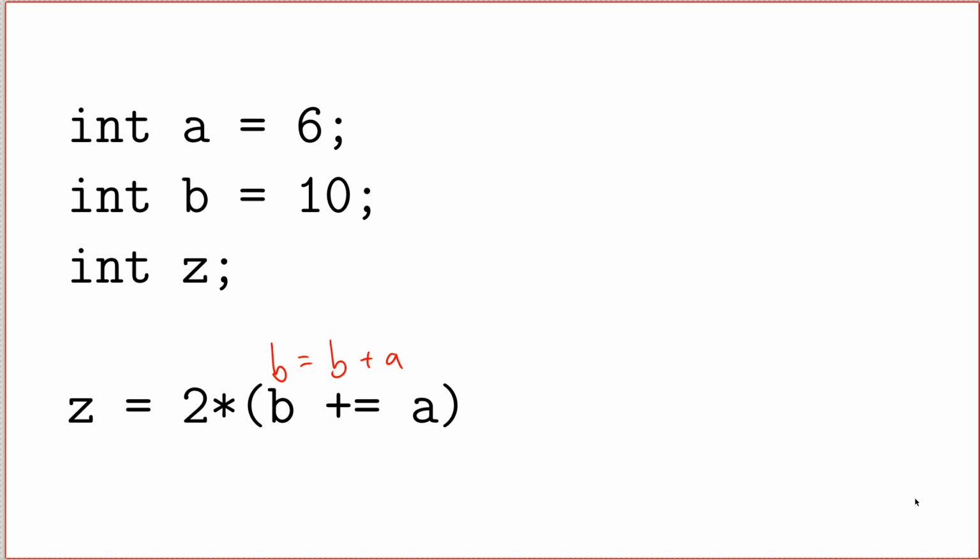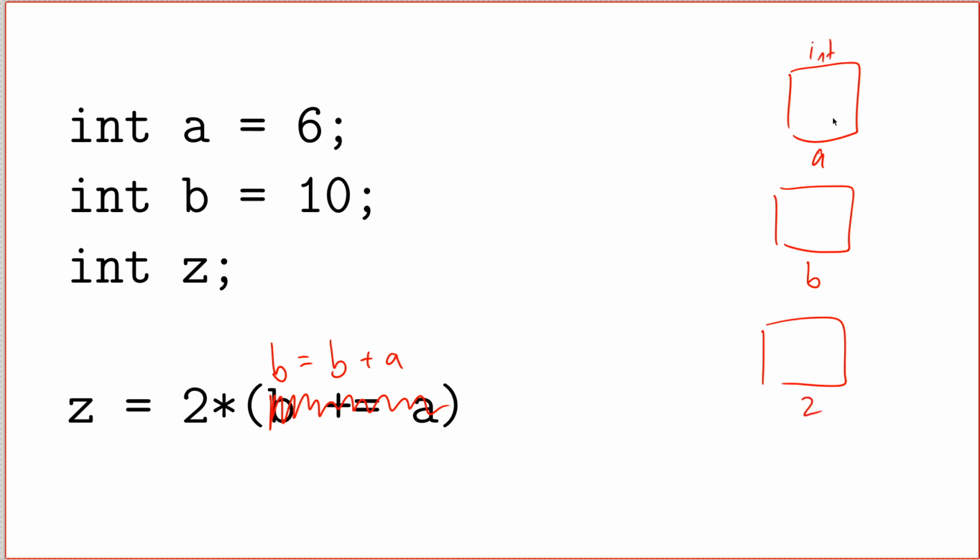All right, so back over here. I just cross out the shorthand and I write in the long form version. And now I just evaluate this like I was before. So there's a, there's b, and there's z. And they are all ints again. A is 6, B is 10, and now I go through this.